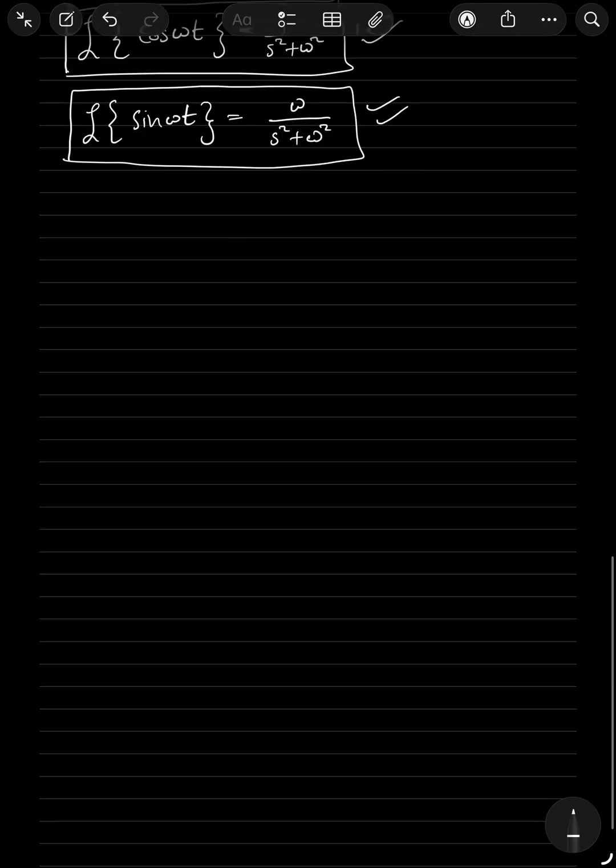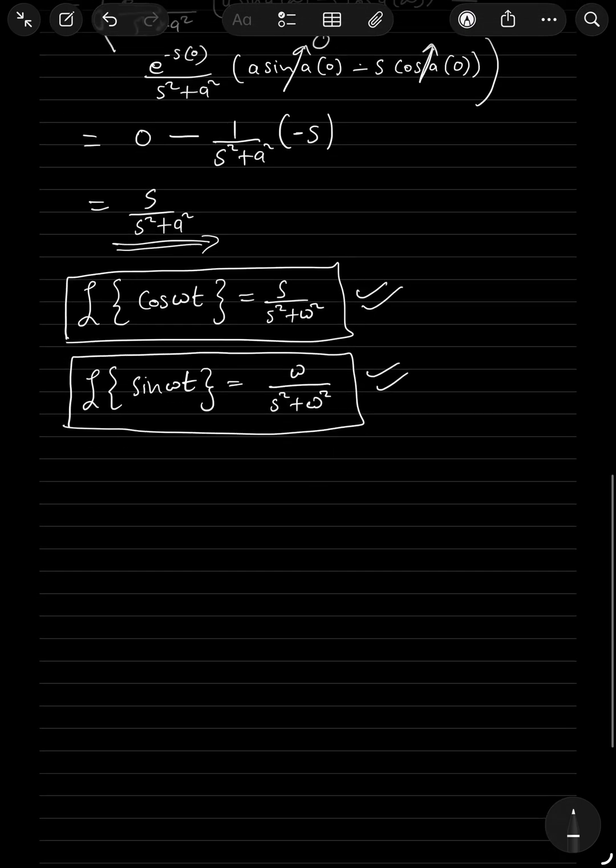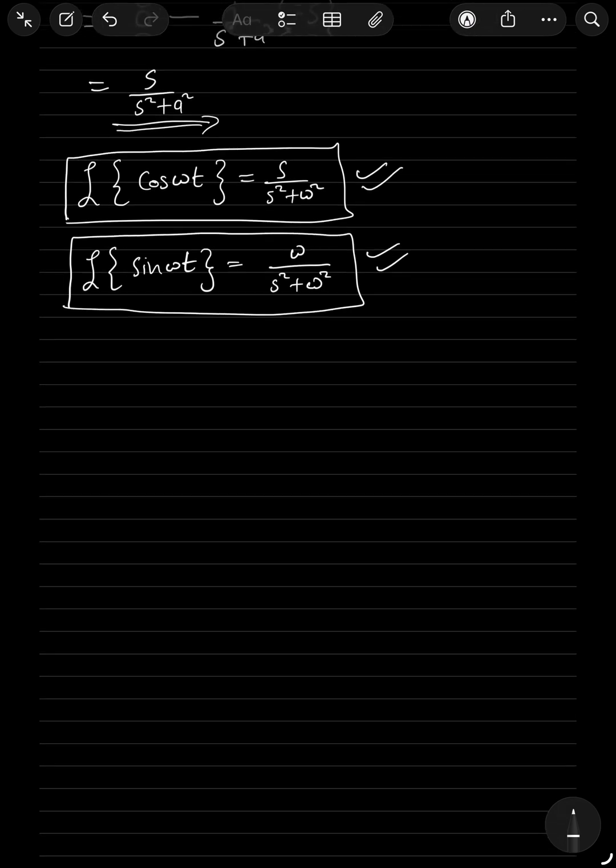Okay. So where there's an a, it is just omega. So this is how you derive for cos and then for sine. So now we have looked at the Laplace of 1, or the Laplace of k. We said this is k over s.